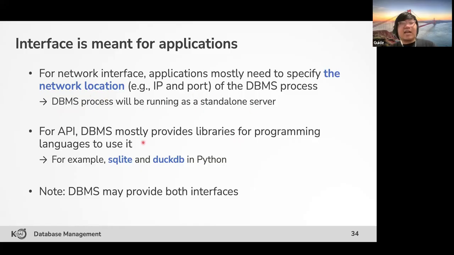For the API, again, as I told you, most database management systems will provide libraries for the programming languages that you want, for example, Python. You just need to import it and use the functions and classes that they have implemented for you. And those functions and classes will interact with the database management system.